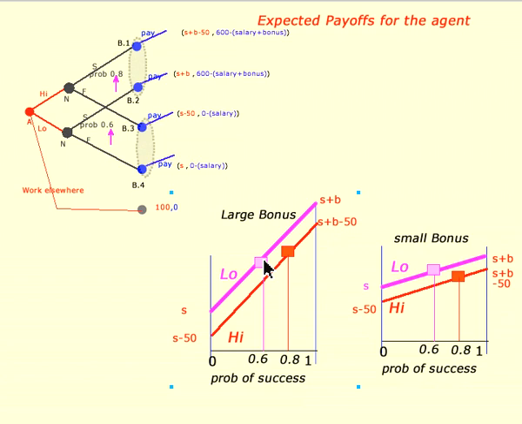So again, we're comparing the expected payoffs with a large bonus for low effort and high effort from the agent's standpoint, and with a large bonus, even though a bonus system is risky, the agent would prefer to put in the high effort rather than the low effort.